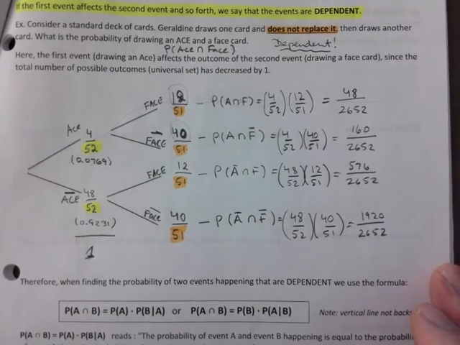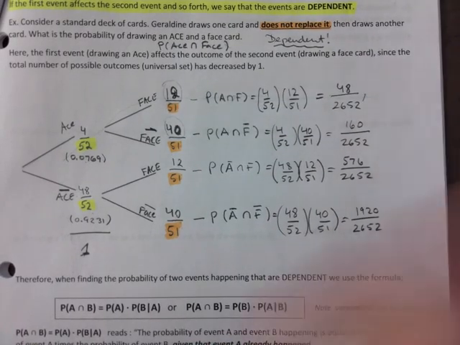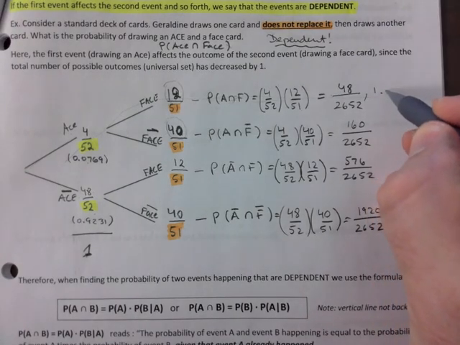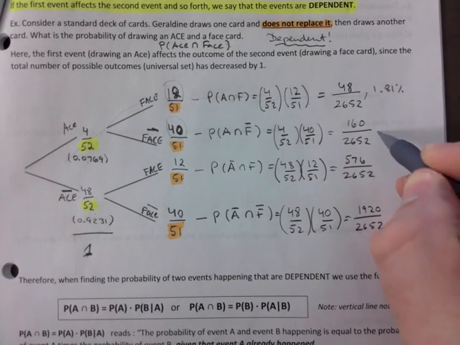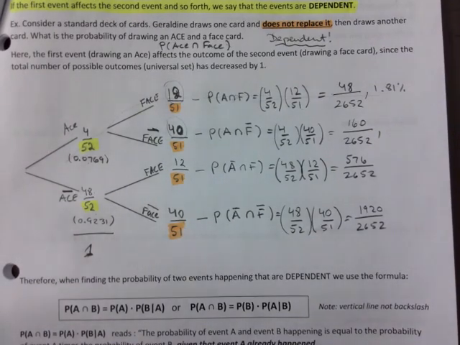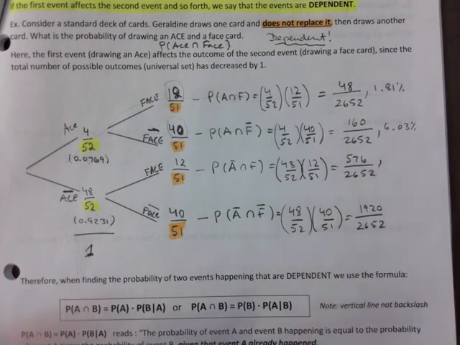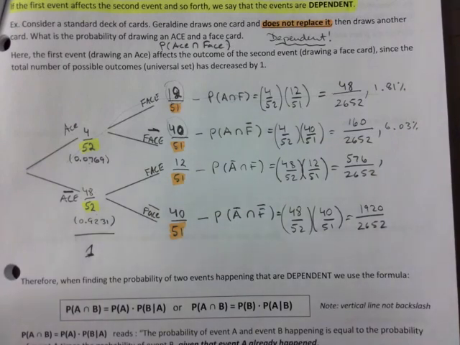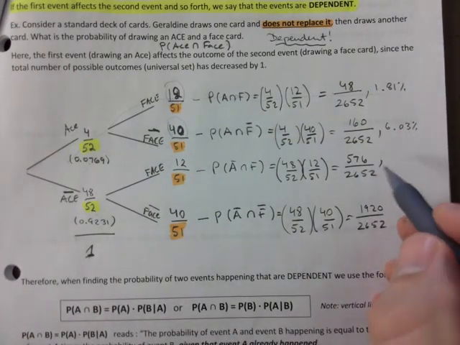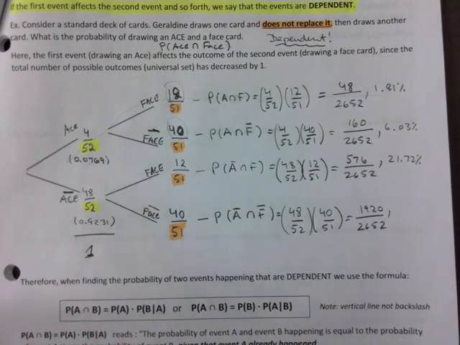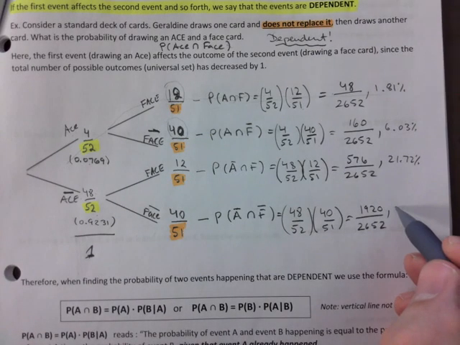Let's turn them all into a percentage or decimal. I'm just going to quickly get that. That's 1.81%. This is 6.03%. 2172. 7240.